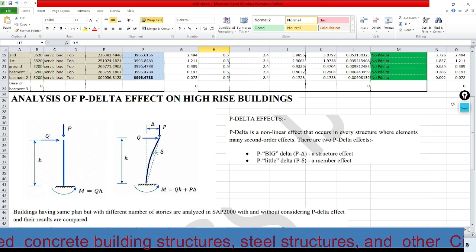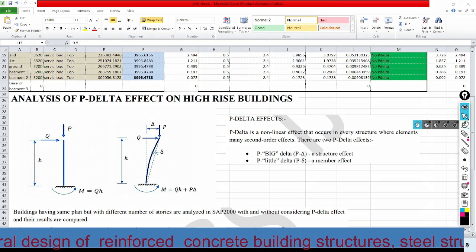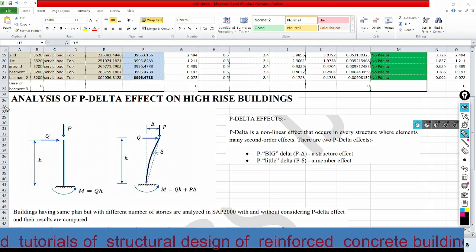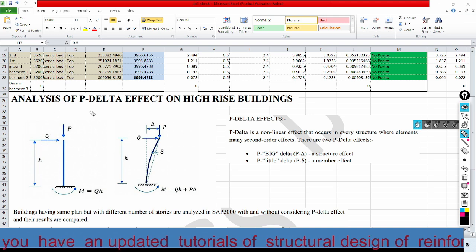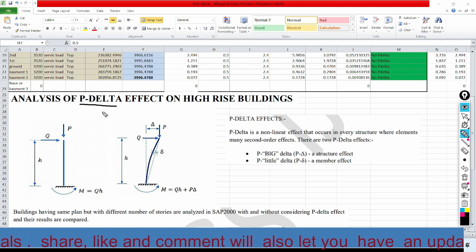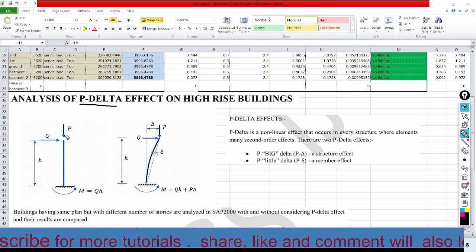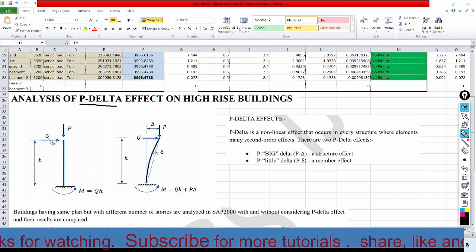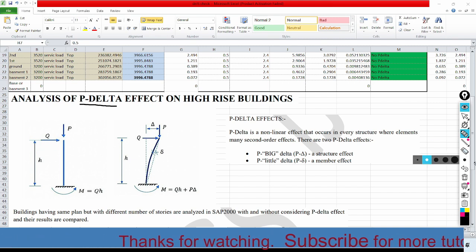P delta is nothing but the effect of the gravity load and the horizontal or lateral load.